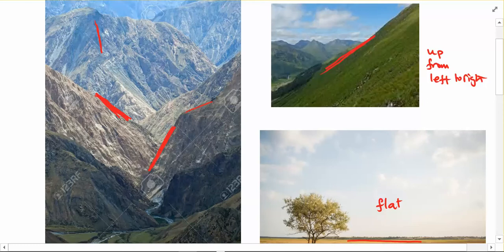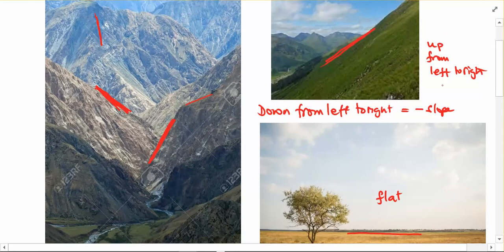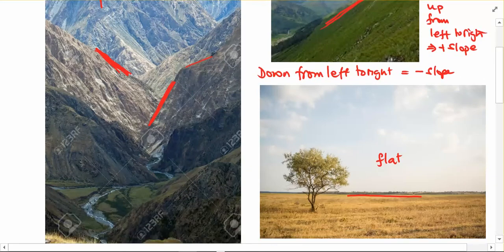So if you're going down from left to right, then it has negative slope. If it's going up from left to right, it has positive slope. We'll talk about the flat situation in a minute.